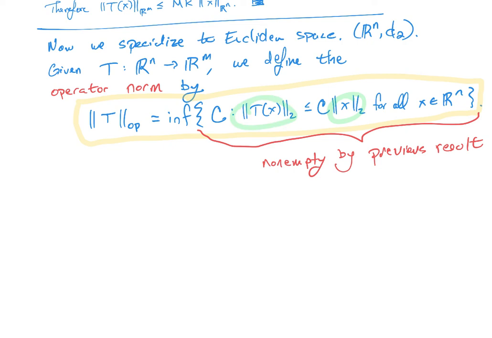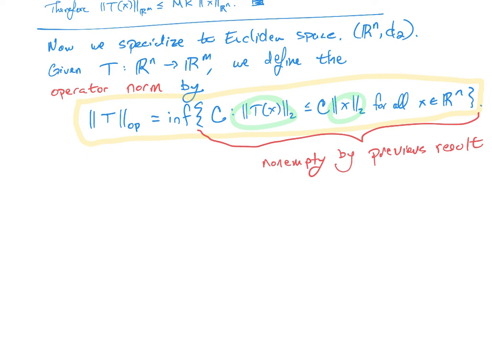But the actual matrix that corresponds to your linear transformation does change. So its Frobenius norm depends on the coordinates you're using. This operator norm does not. And that's a big reason to favor the operator norm.